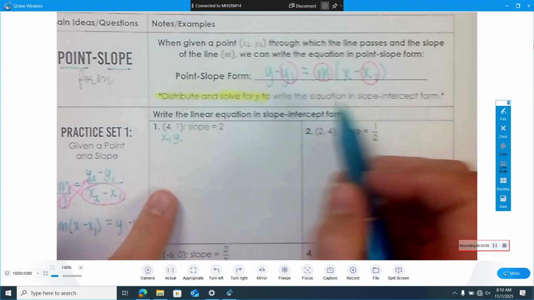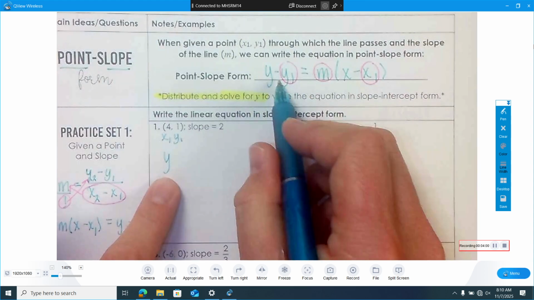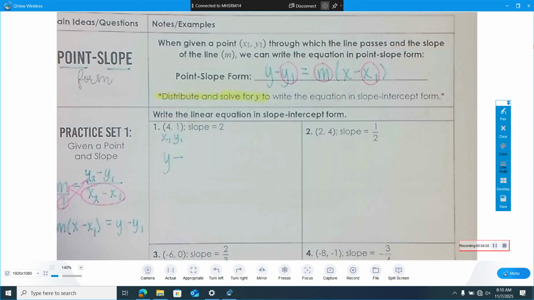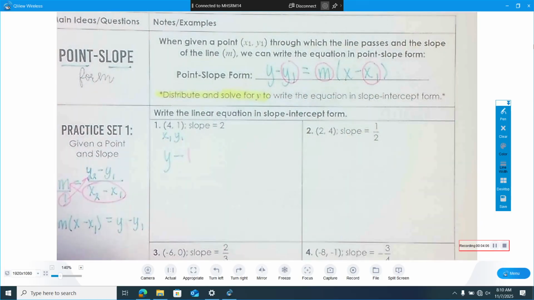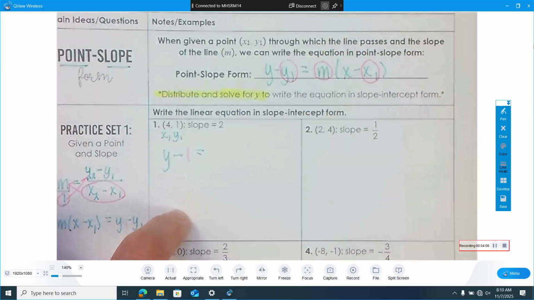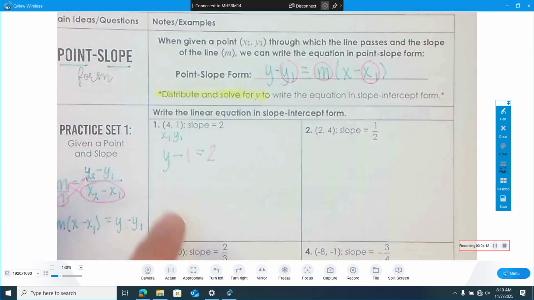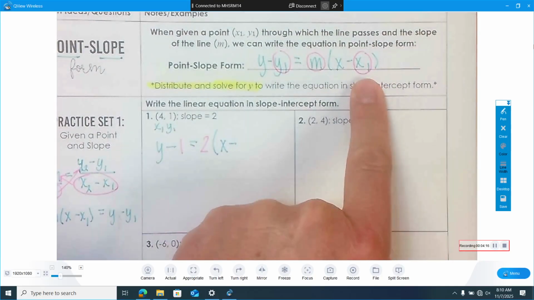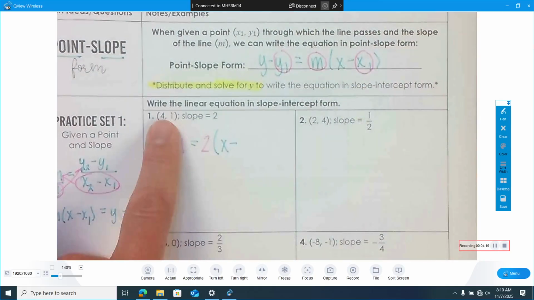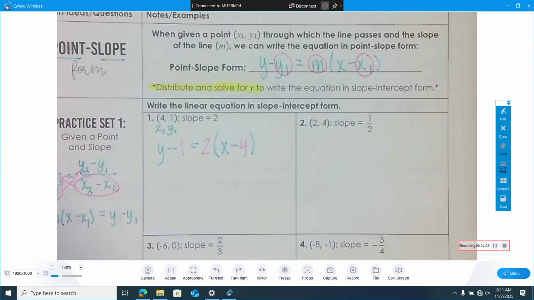And so in my equation, I've got my y minus, what is going in place of y1? 1, yeah. All right, equals. And what's going in place of my slope? 2. And then I have my quantity x minus, and what's going in place of x1? 4. The 4, okay?